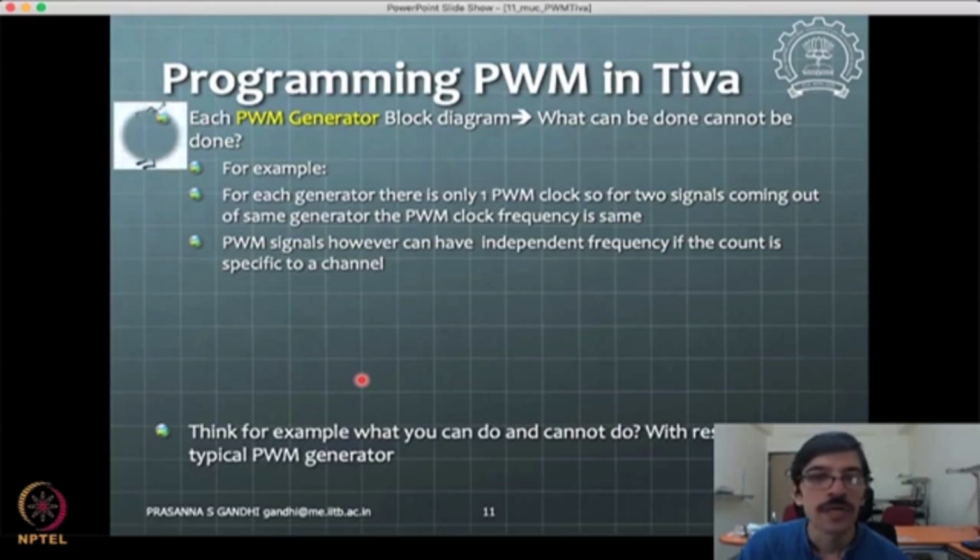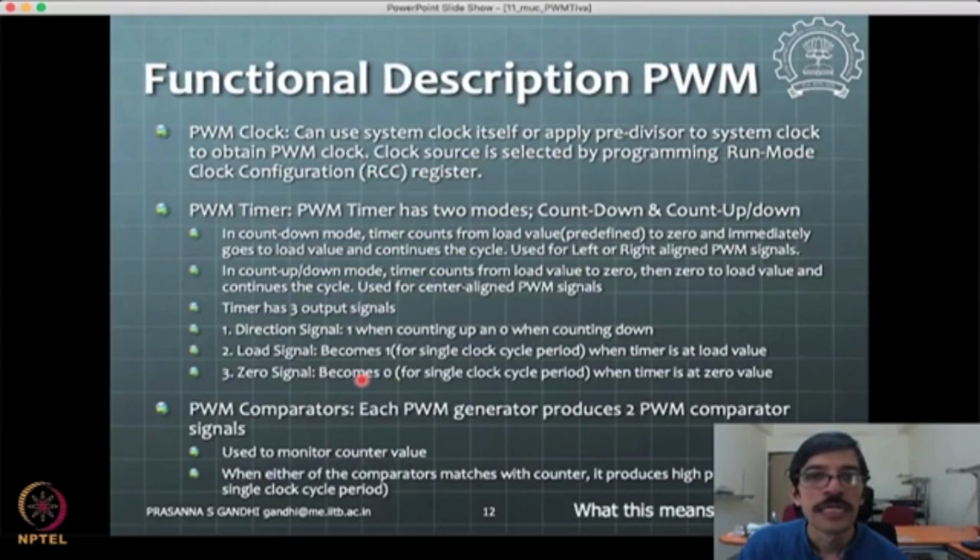So these are some functional descriptions that will be given. These are directly taken from the data sheet, and you can see whether these things make sense to you. So you can read through. This is just to give you some feel that a typical interface will have this kind of description, and how you make sense of this description to see how things are working internally.